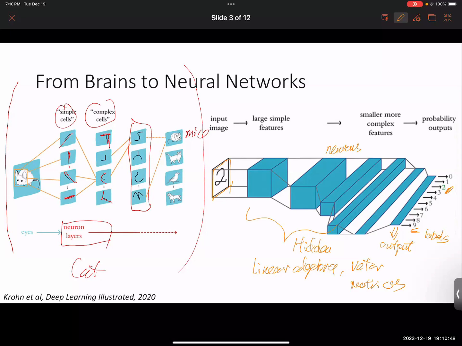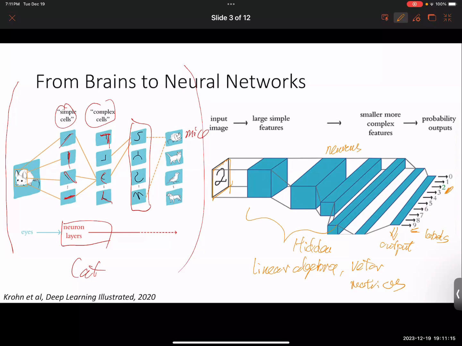So this is a very basic idea of how a deep learning neural network works. And we call it deep because, in the early days, neural networks used very few layers, and now there are more layers.